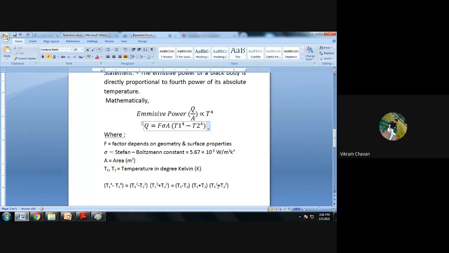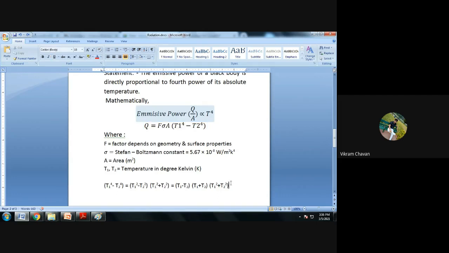Getting everyone? First we expand in this format, and then T1 square minus T2 square once again.